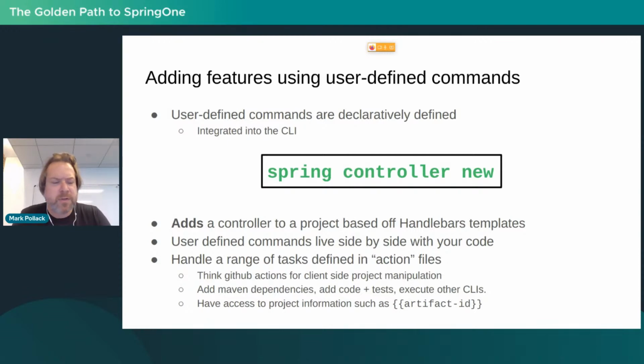So there's a large range of tasks that you can do in these user-defined commands. It's evolved over time. I think you can have a mental model, which is, it's like GitHub Actions, but for client-side project use cases. You can add dependencies to your code as well in the POM. There are actions for that. You can add code and tests, and you can also execute other CLIs.